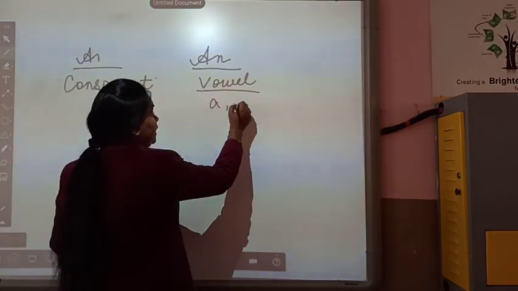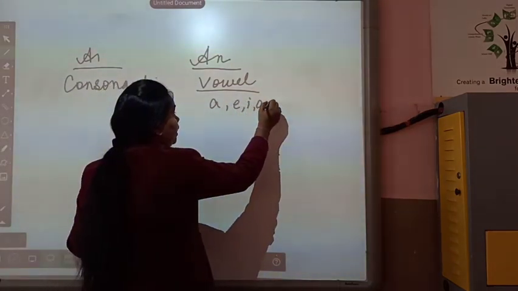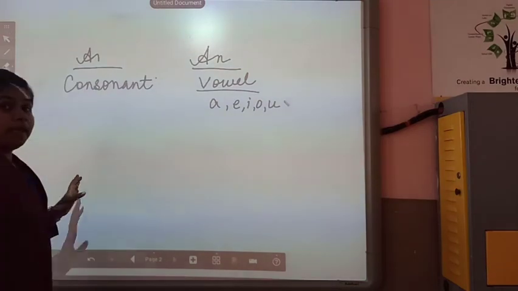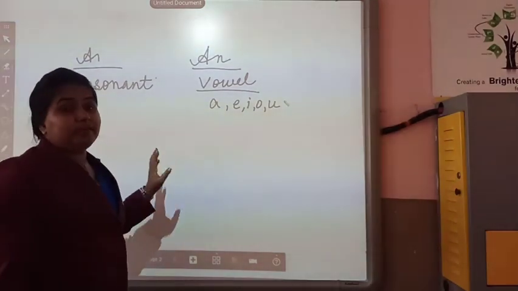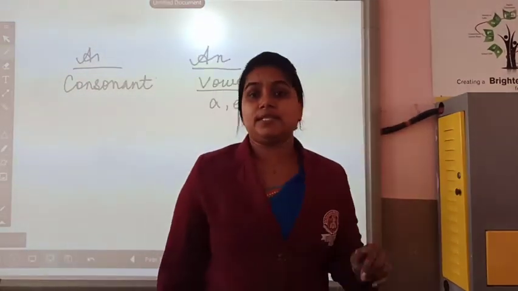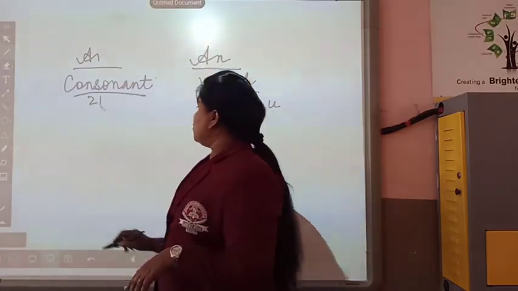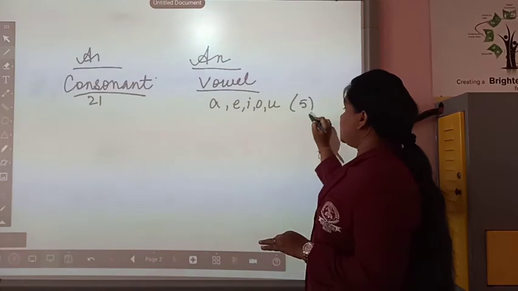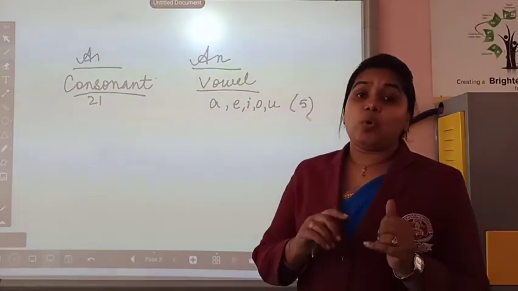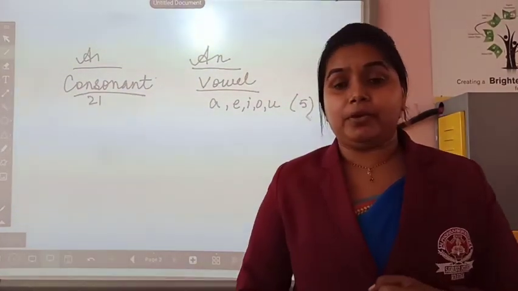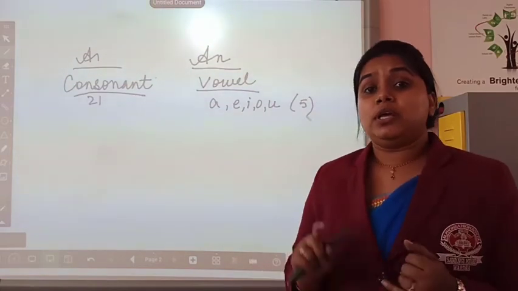The vowels are a, e, i, o and u, and the rest, 21 letters out of 26, are consonants. 21 consonants and 5 vowels. Now, what do we have to keep in mind here? What do we have to learn new here?